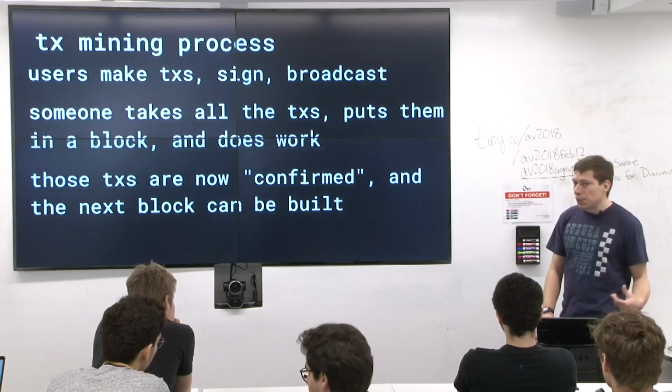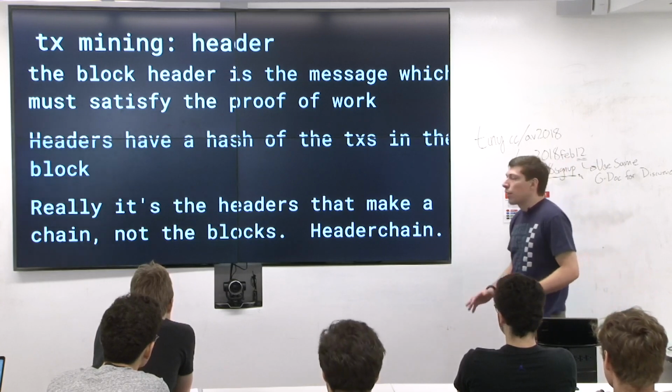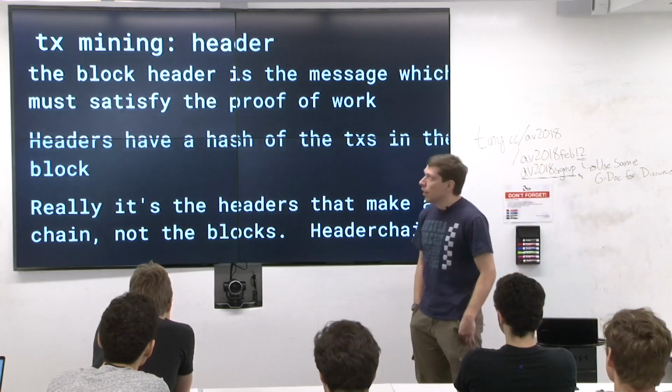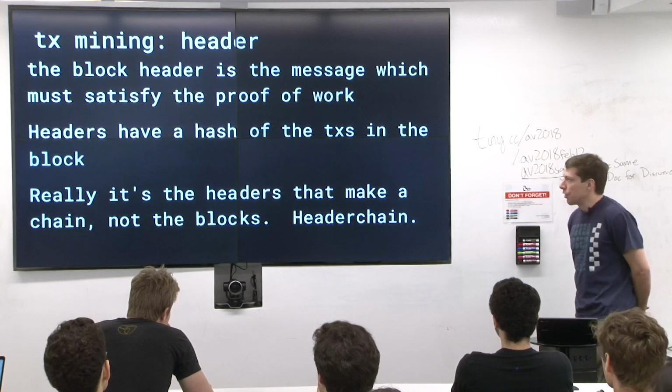You could do it by just sticking them all in, but instead, there's a bit more advanced way to do it. You use what's called a block header. So the block header itself is the message. Similar to the problem set, it's the block header that you need to hash to get a low output value, not the block itself, which is kind of interesting.